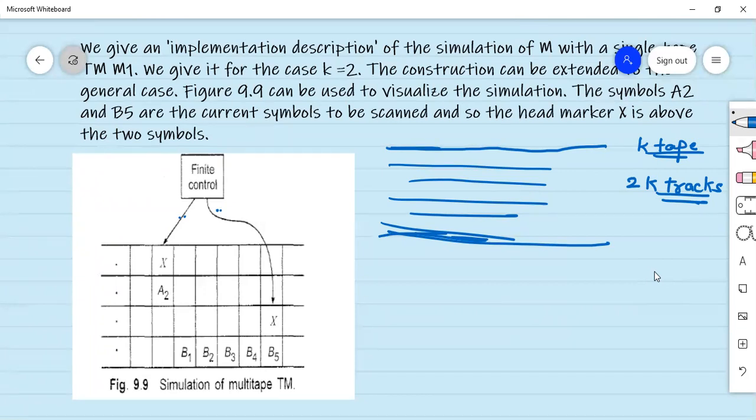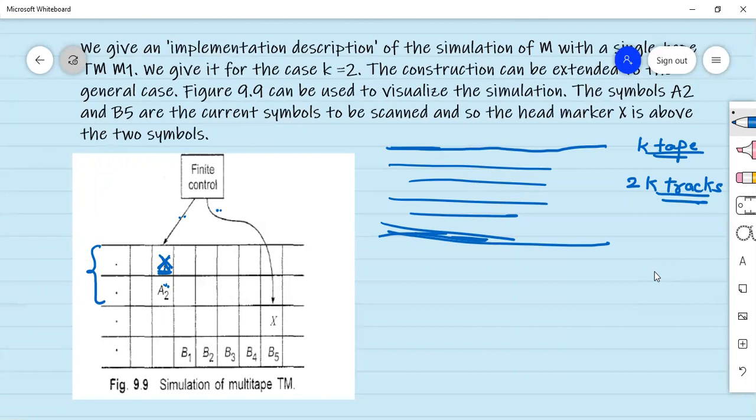So what will I do? It's simple. These two, if you see, this X you see, no? X is like a read and write head. We are using a marker to say A2 is under observation, or I have to do something with this A2.